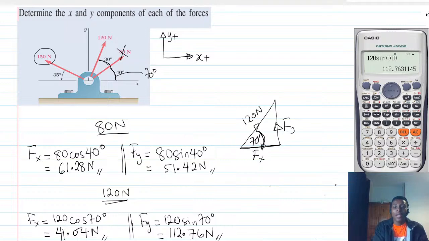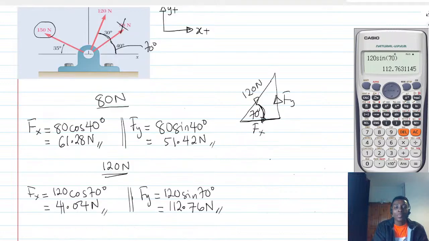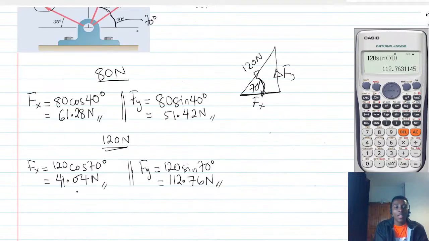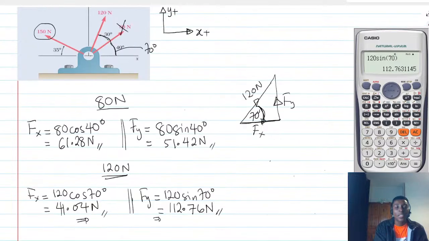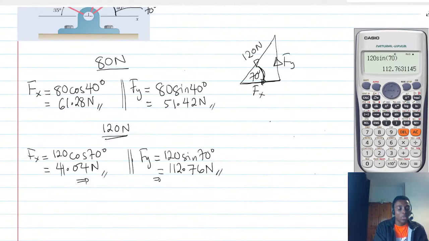All right. So we've got our x, and then let's move to the 150 Newton force. Okay, let's move to our 150 Newton force.